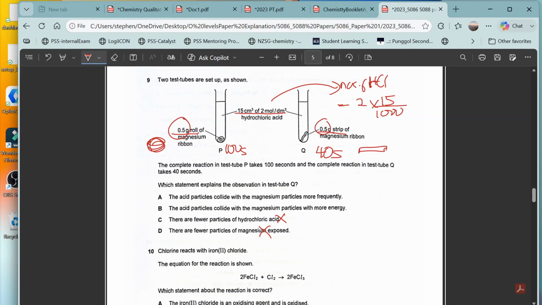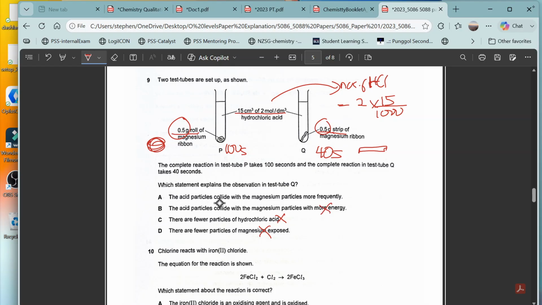Are there fewer particles of magnesium exposed? You may think so, but let us see where there is another better answer. The acid chloride, I don't think so because the temperature is the same. I'm left with number 1.